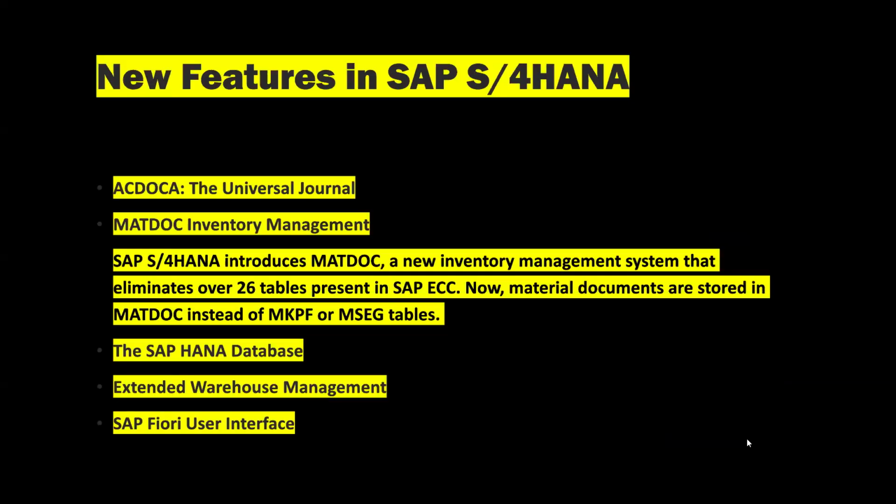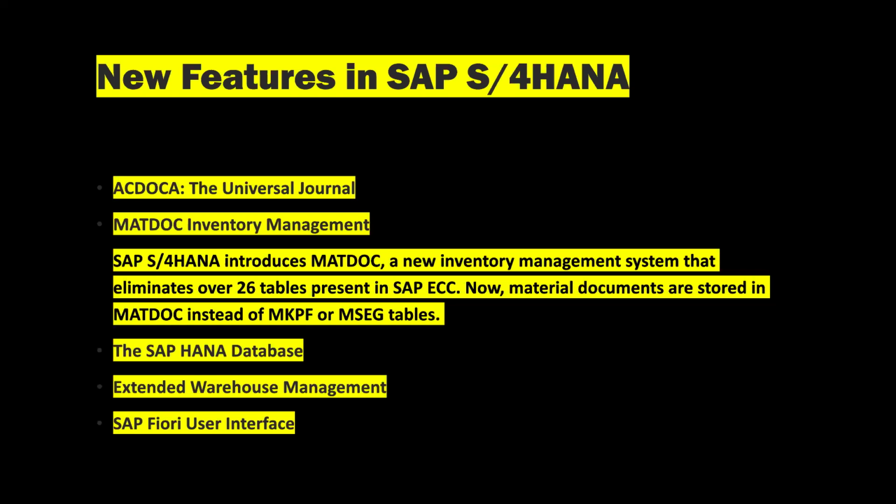Now, let's dive deep into new features in SAP S4 HANA. Number one, we talked about the ACDOCA, which is the universal journal entry. The second one we're going to be looking at here is MATDOC for inventory management.